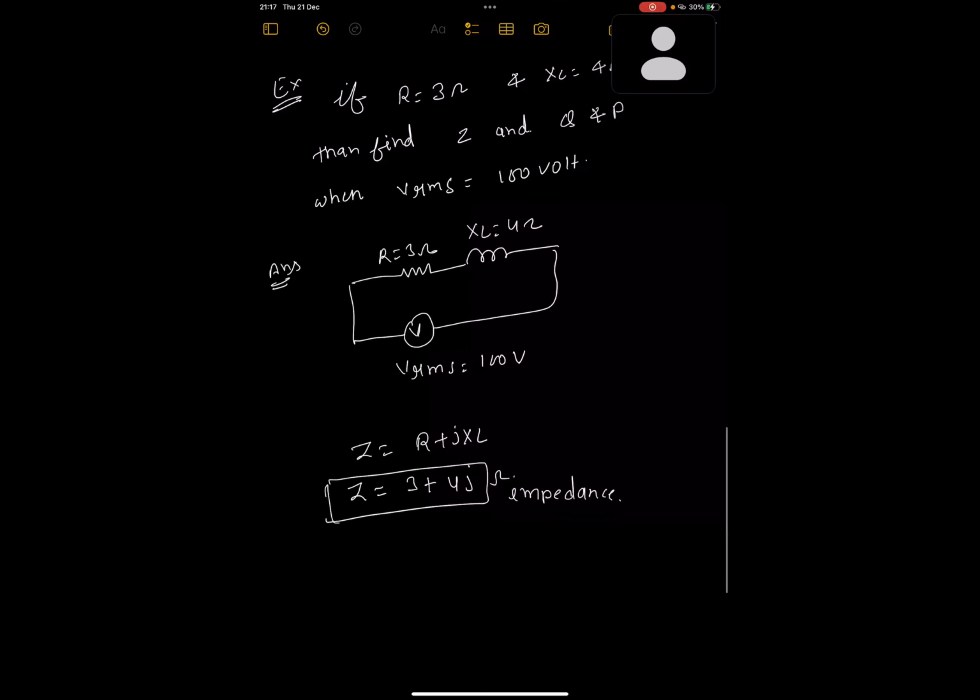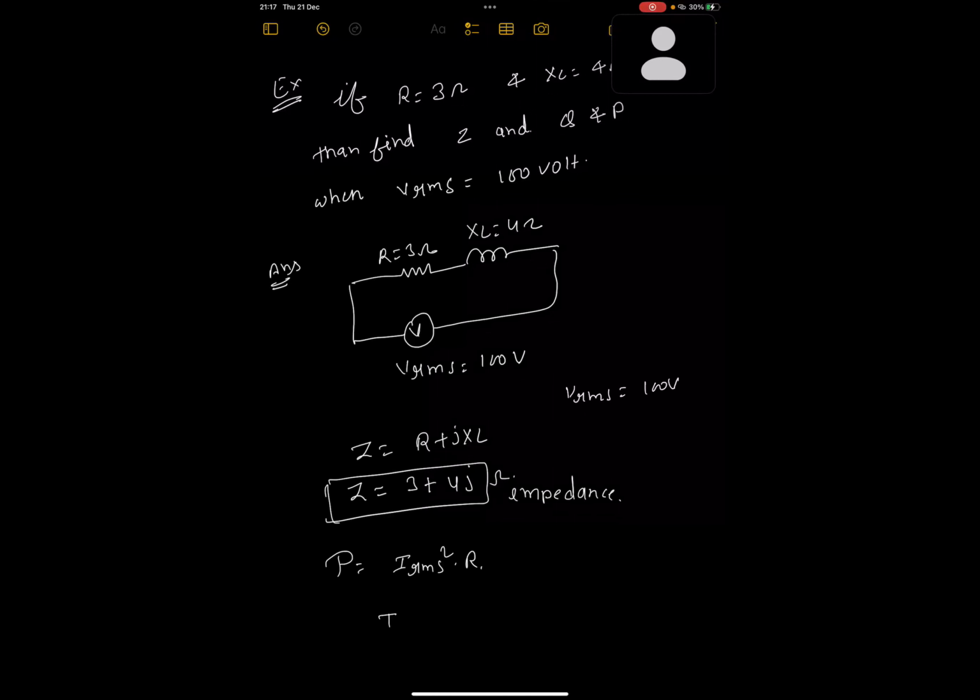Okay. And we have to find out the power P. Here you can say IRMS square into R. Then VRMS equal to 100 volt.